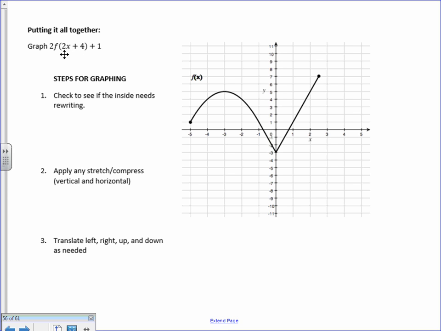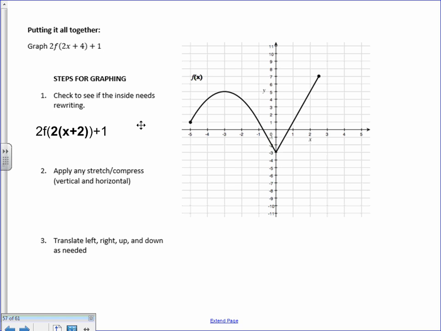The 2 tells me that there's going to be a compression. The +4 tells me there's going to be a shift. So yes, I need to rewrite the inside by factoring a 2 out of both things. I need to rewrite it like this. The 2 times f stays the same, but this inside right here is the only part that's different. Put it in bold right there.